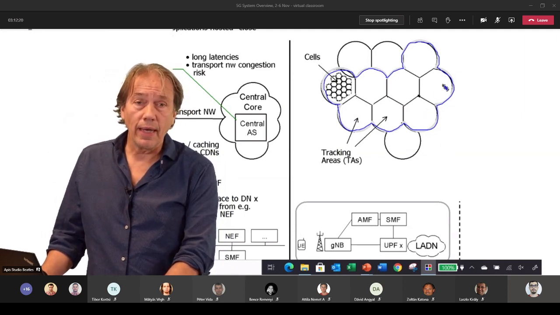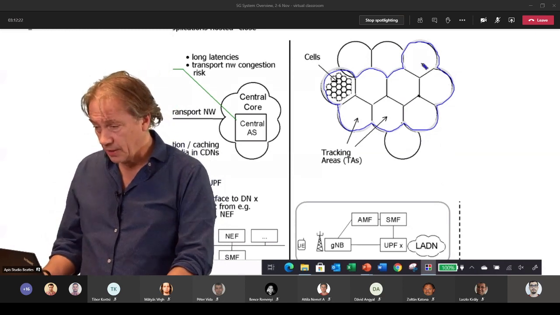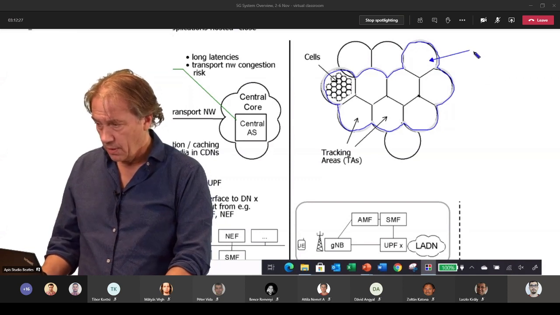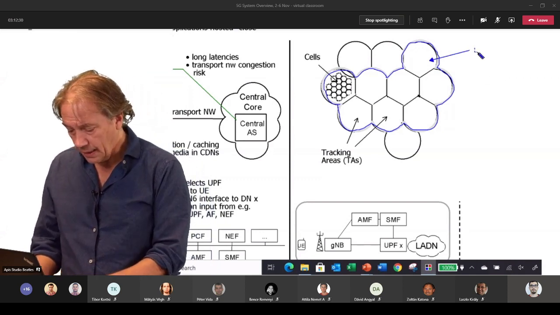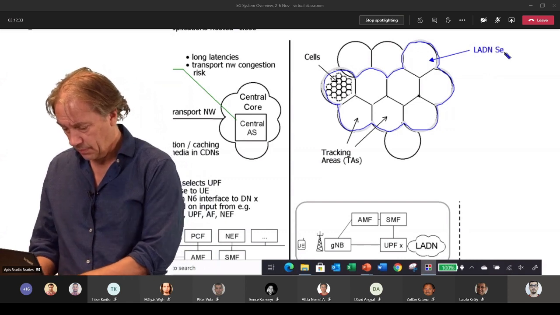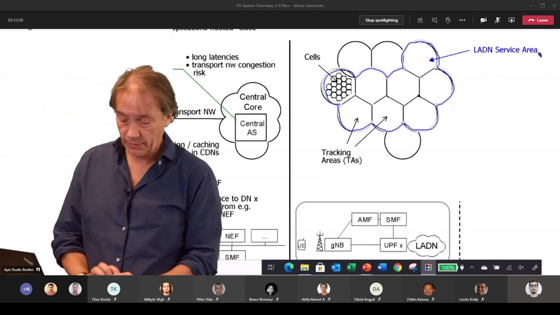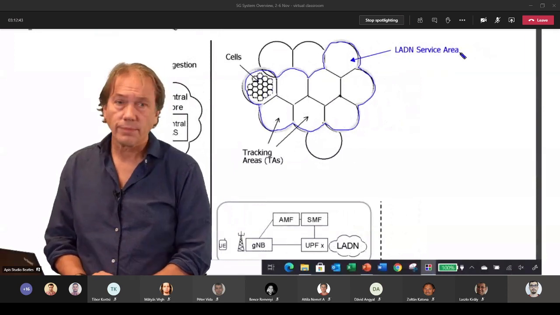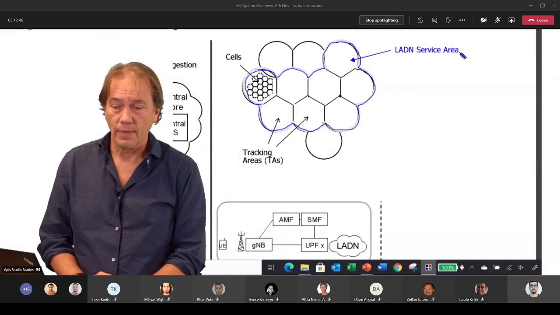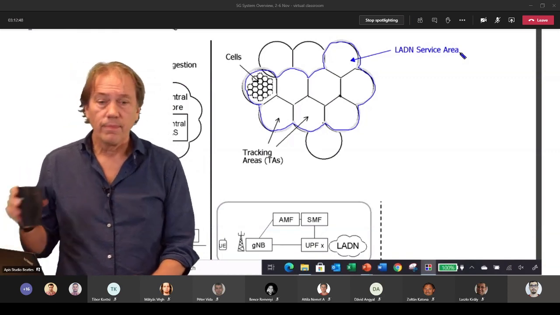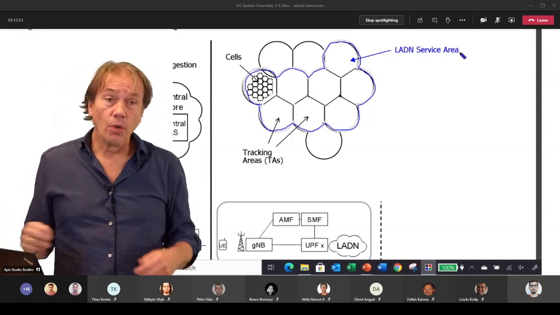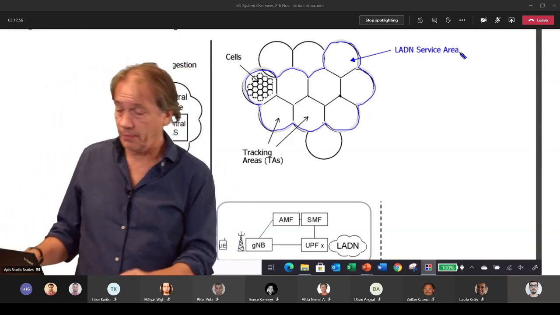So the area inside the blue line is something which is called a LAN service area. So what is the LAN?